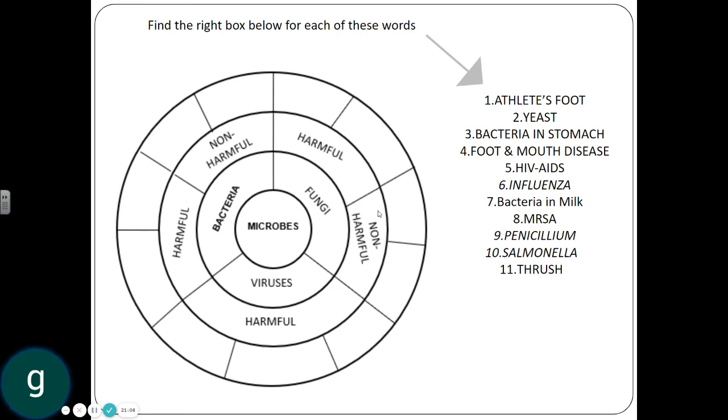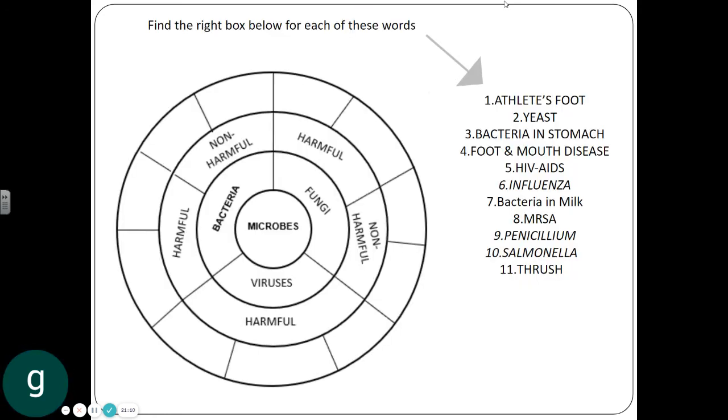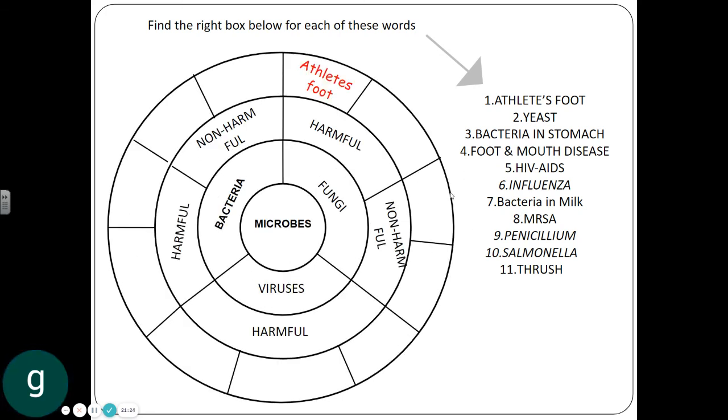Finally, if you look through your booklet, you will see this thing, which I think is called a menorah. No, a mandala, that's what it's called. So these are some microbes here, and these are some microbes or diseases here, and I want you to put them in the mandala and see if you can work it out. The answers, if you're interested, are fungi harmful: athlete's foot, thrush.